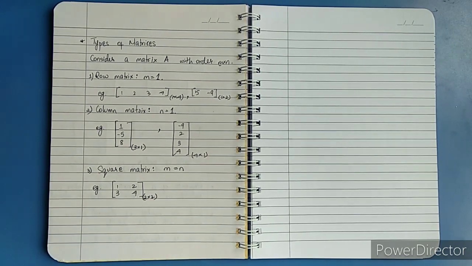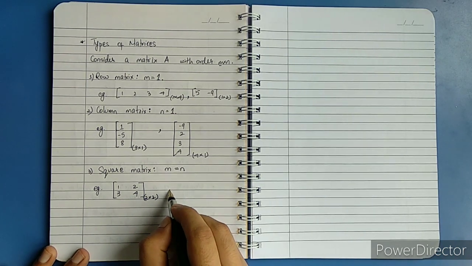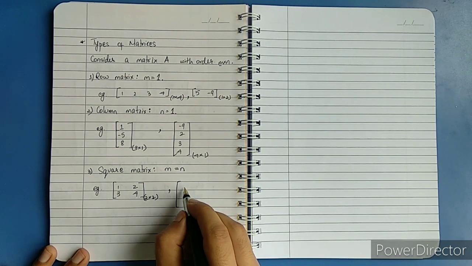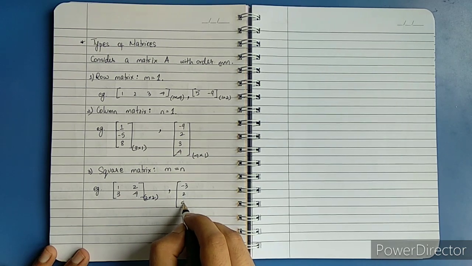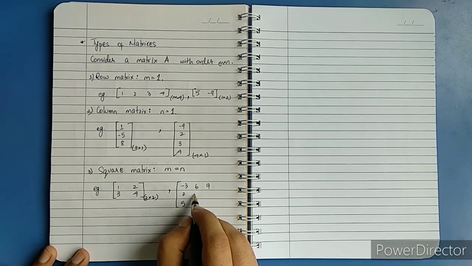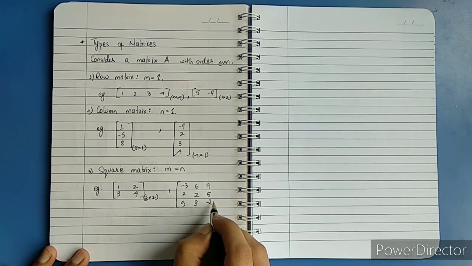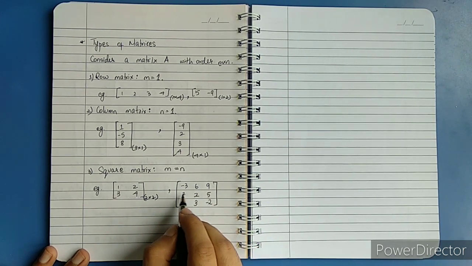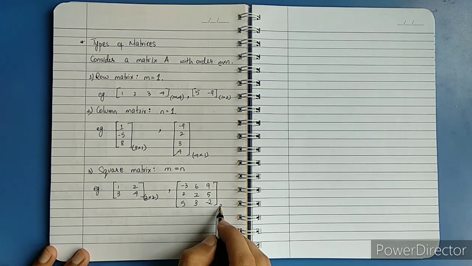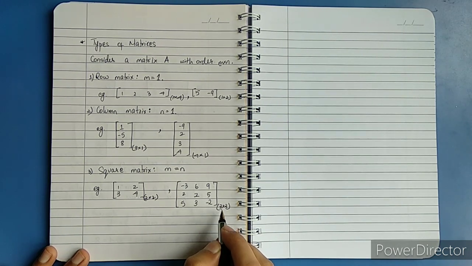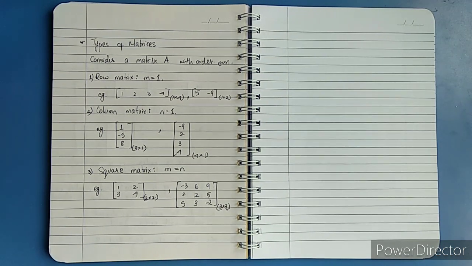Number of rows and the number of columns are equal. Another example, say minus 3, 2, 5, 6, 9, 2, 5, 3, minus 2, 3 rows and 3 columns. So 3 cross 3 is the order. Number of rows, number of columns equal. This is a square matrix.